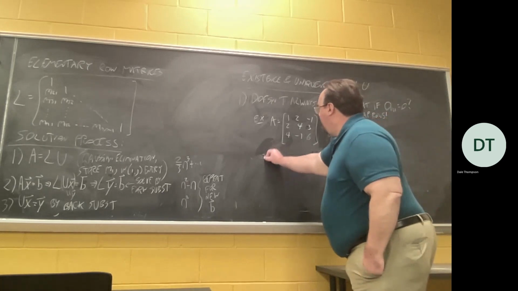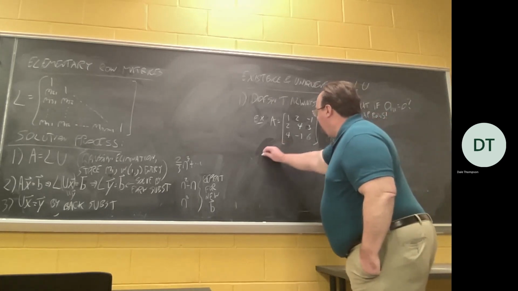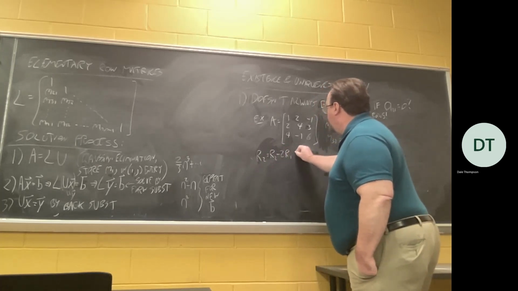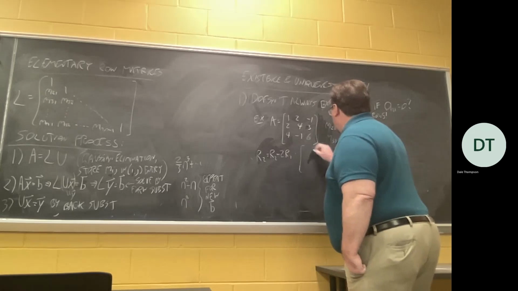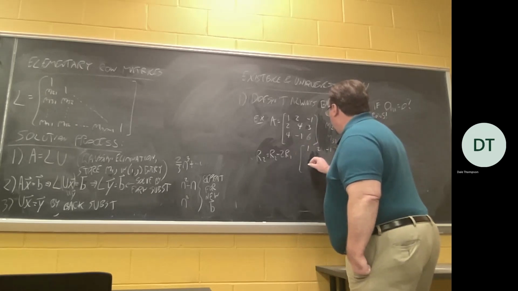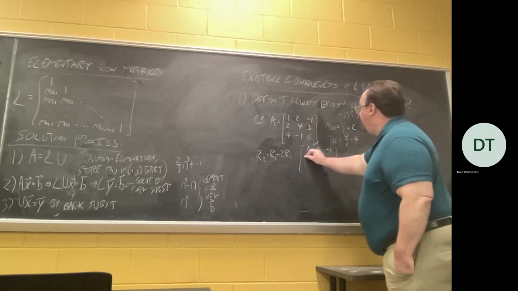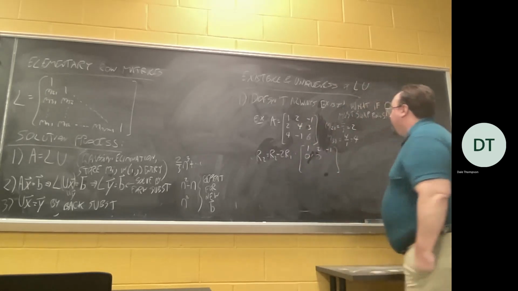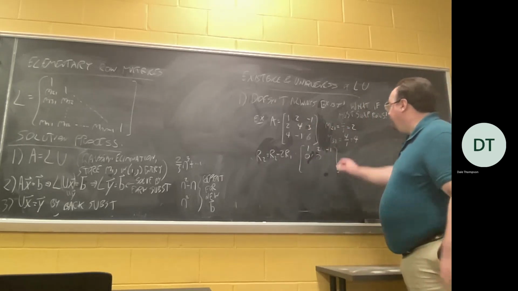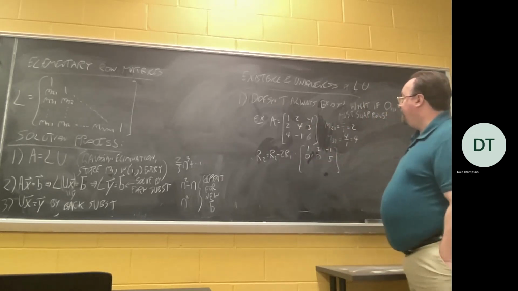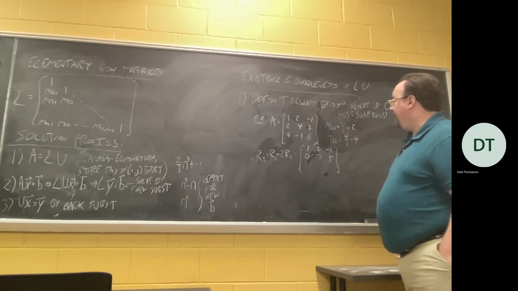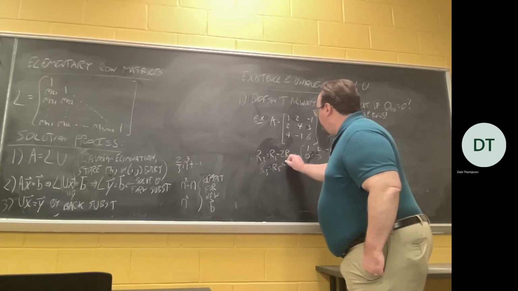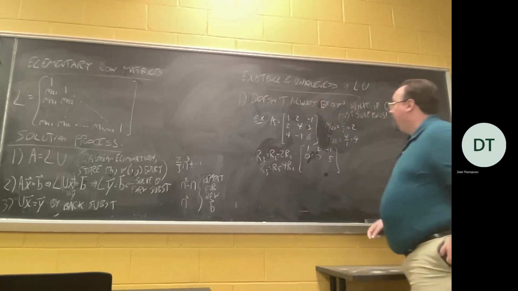So row 2 is equal to itself minus twice row 1. So 2 minus 2 is 0, 4 minus 2 is 0, and then 3 minus the minus 2 is going to give you 5. And then row 3 is equal to itself minus 4 times the first row.